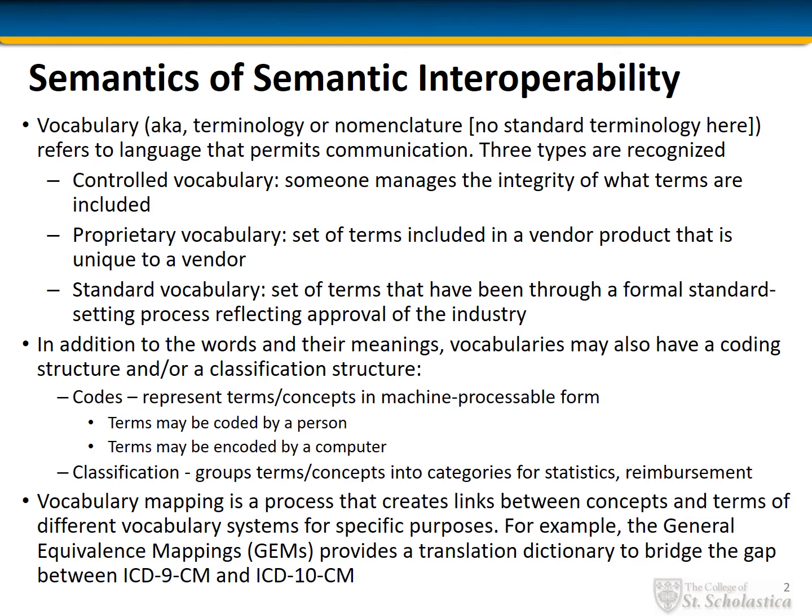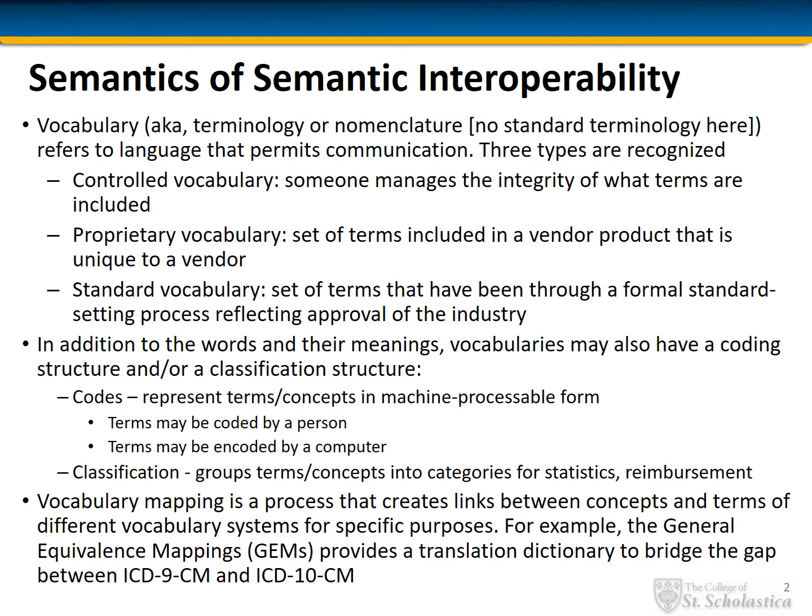Now, in addition to words and their meanings, vocabularies also may have a coding structure and/or a classification structure. Codes represent terms or concepts in machine processable form. Terms may be coded by a person, such as in ICD and CPT, but terms may also be encoded by a computer, such as SNOMED, which essentially is never coded by a person.